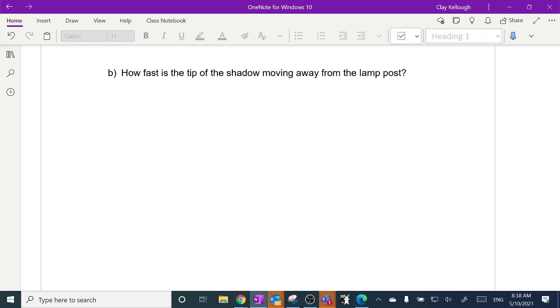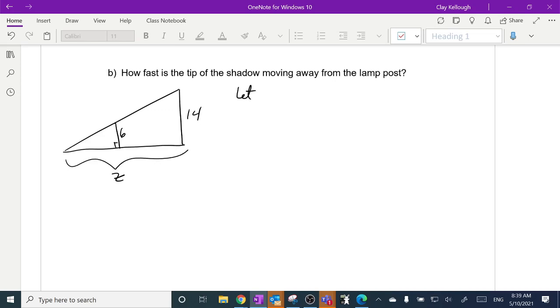So I'm going to redraw my triangle. I mean, it's the same triangle. The lamppost is 14. The guy is 6. But this time, I'm going to call this entire length here Z. So I'll say let Z equal distance from post to shadow tip.